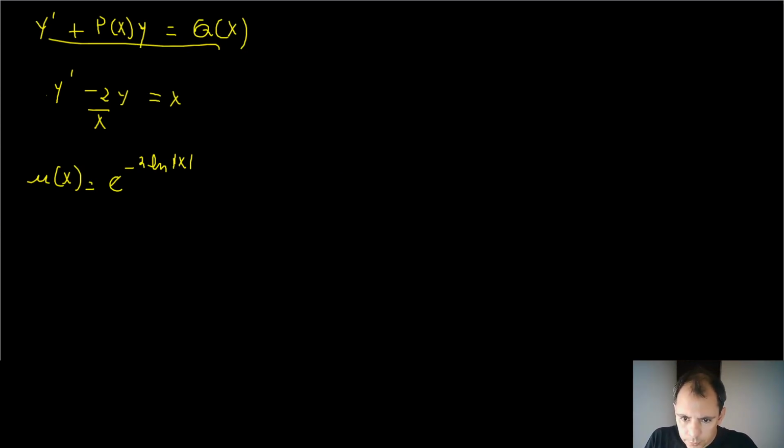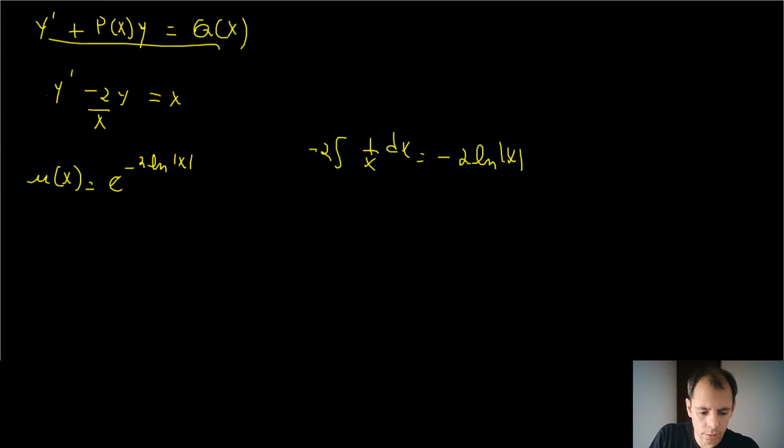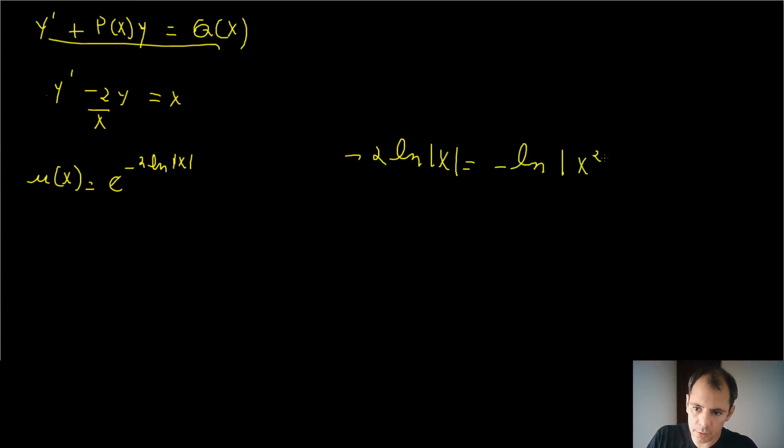And there's something else that the book is doing. I would stop right here, but the book's doing something else. So it's doing minus, because you see, minus 2 times ln of the absolute value of x equals minus ln of the absolute value of x squared.